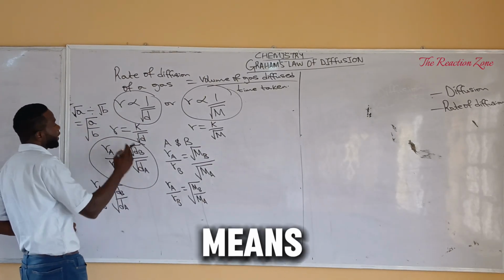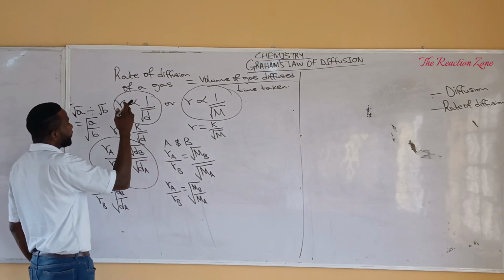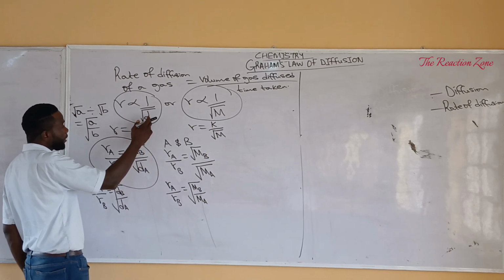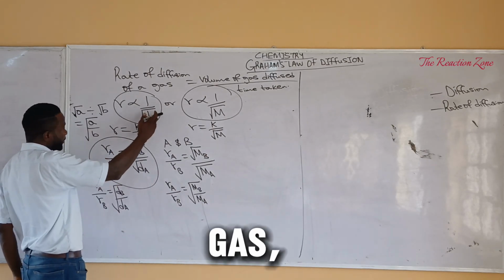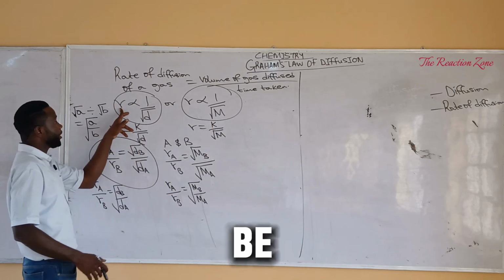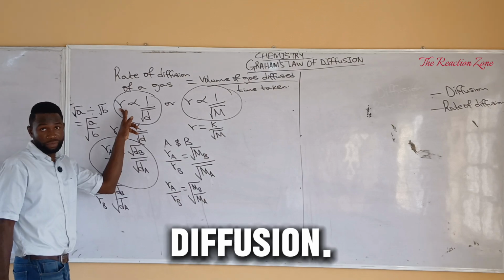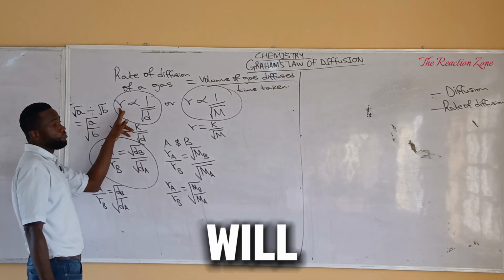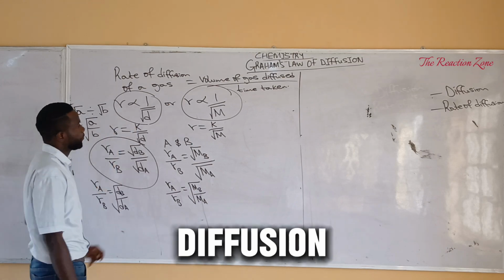Now, this means that the heavier a gas is, meaning the greater the density of the gas, the slower will be its rate of diffusion. But the lighter a gas is, the faster will be its rate of diffusion.